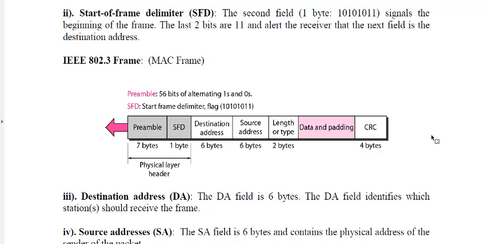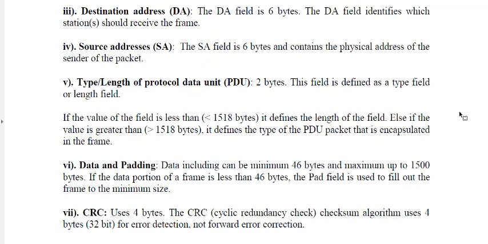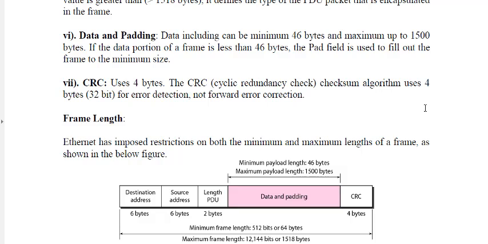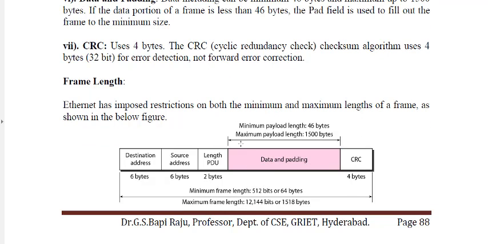The thing is, data, minimum data. Here you can see the minimum data should be 46 bytes. If in any case your data packet is less than 46 bytes, what you have to do?